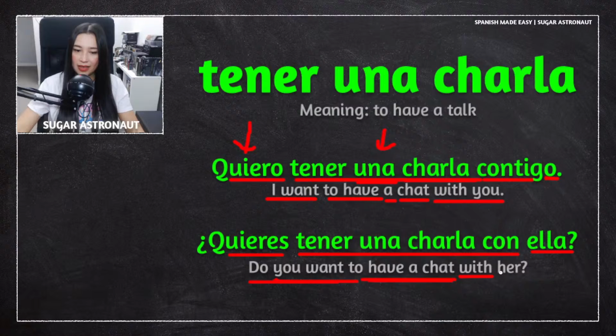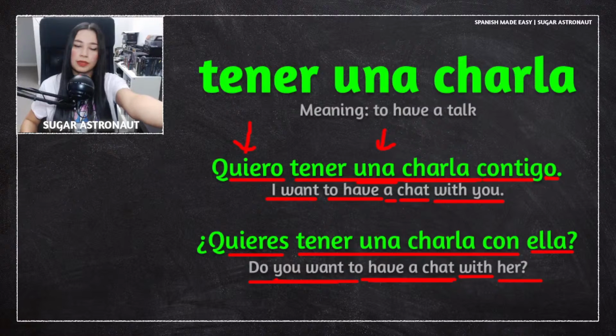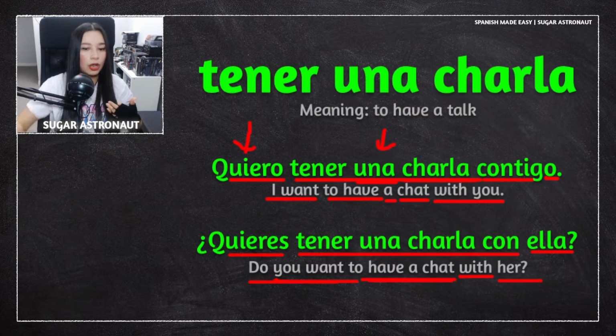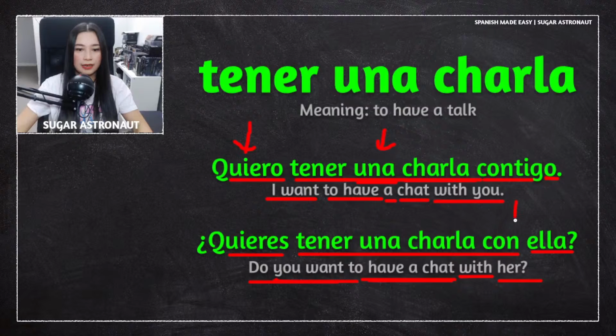Ella means her. Ella means she, and her in this situation. Con ella. It's like when you're saying contigo, with you, con ella, with her, con él, with him, conmigo, with me, okay? So just remember that this con can work with ella, con ella, two words, whereas here we have only one word.